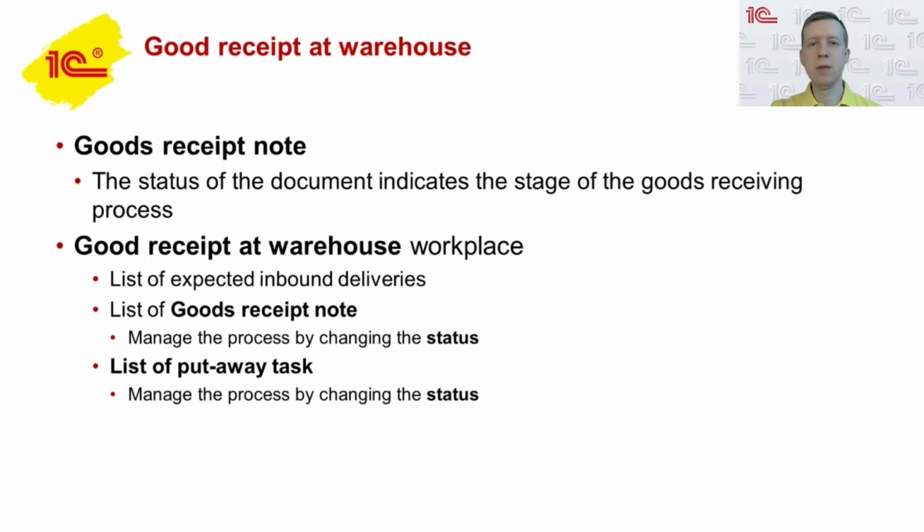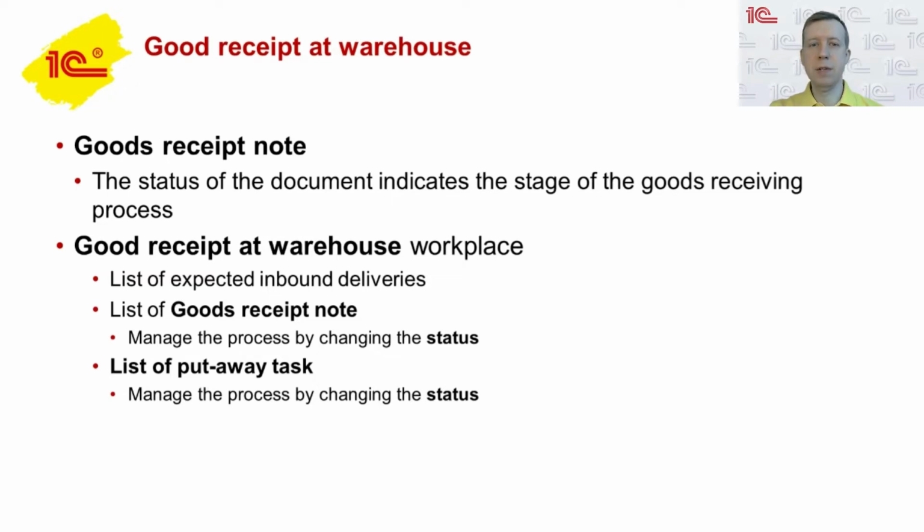Program provides goods received at warehouse workplace with a list of expected inbound deliveries. Based on the order, warehouse keeper creates a goods receipt note. During the process of receiving, the warehouse keeper changes the status of this document.